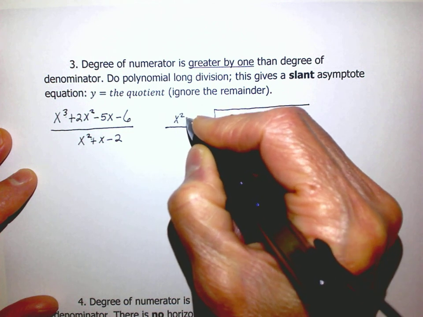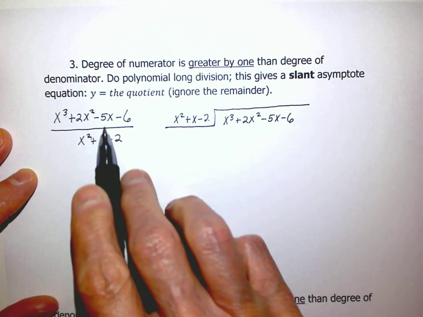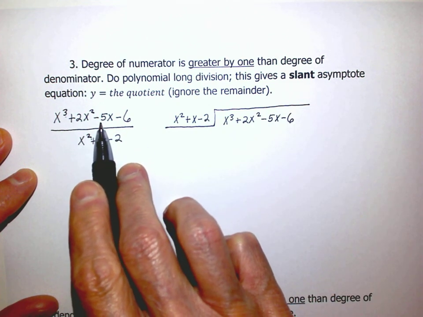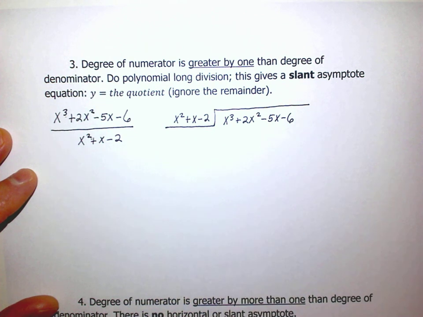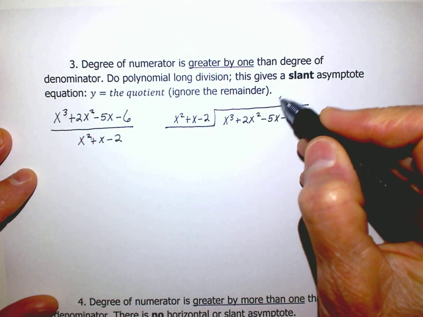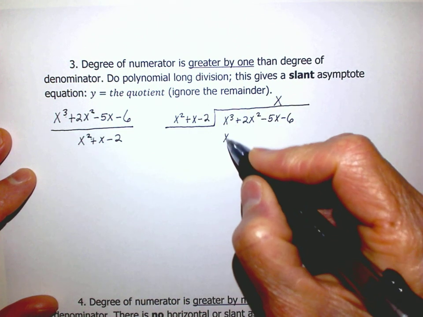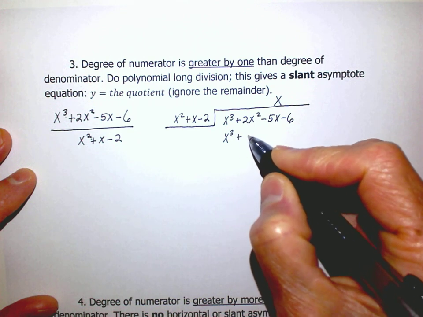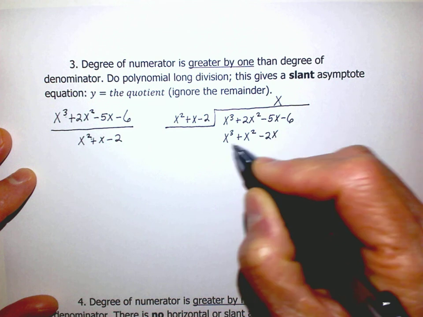The number on the bottom goes outside the box. The polynomial on the top goes inside the box. Okay, so x squared goes into x cubed x times. Multiply this times this gives me x cubed plus x squared minus 2x.